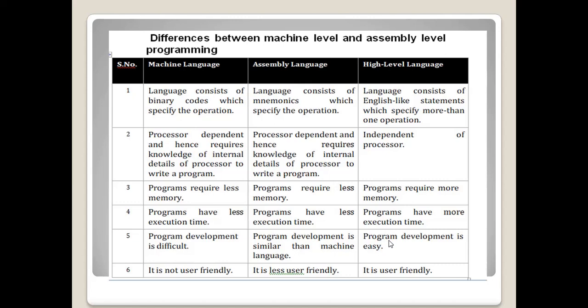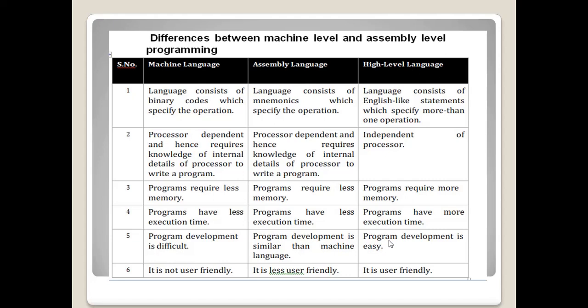In the case of assembly language, the language consists of mnemonics to specify the instructions. Whereas in the case of high level language, the language consists of English like statements, and these are more specific than one operation.